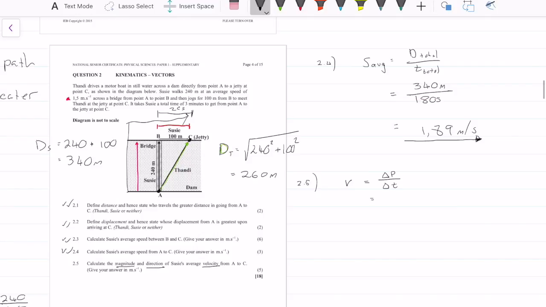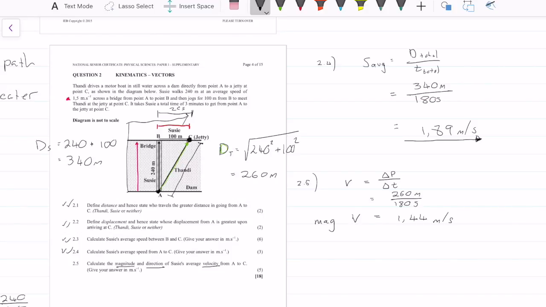So what is the change in position for Susie? Her displacement is simply that distance from A all the way to C, which we calculated to be 260 meters. And the time it took her was 180 seconds. So the magnitude of her velocity is equal to 1.44 meters per second.